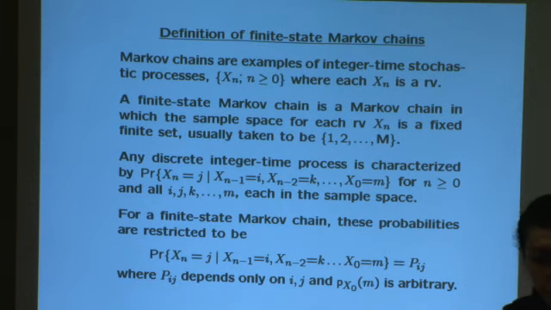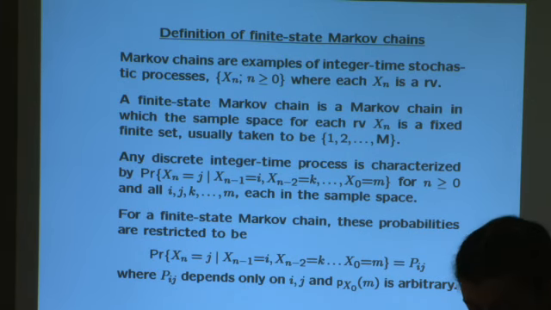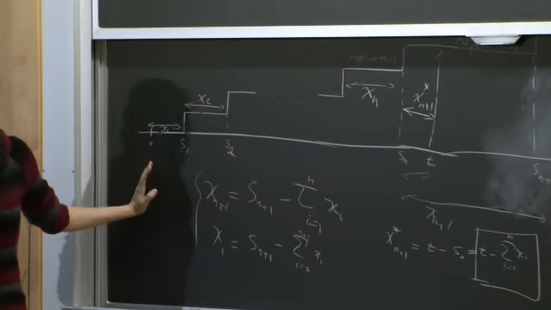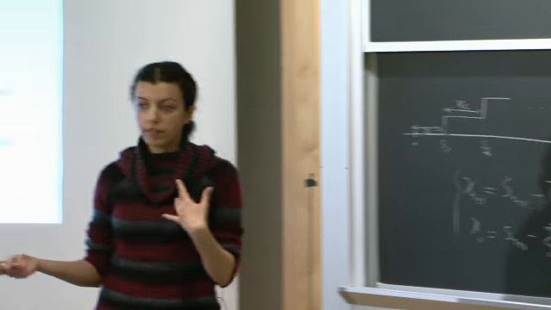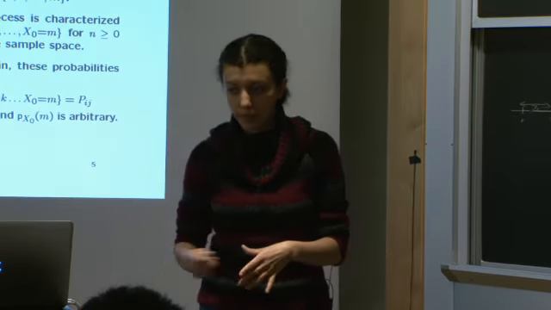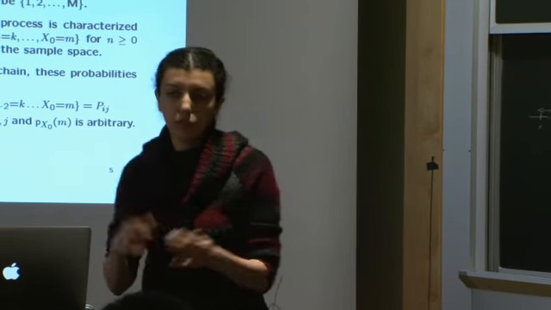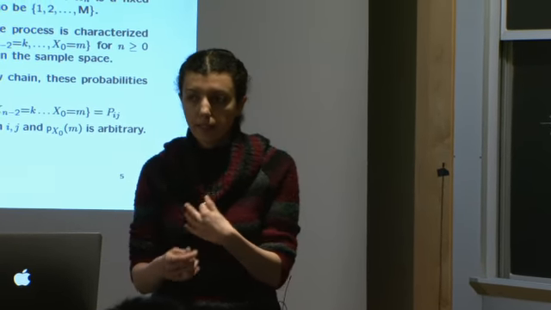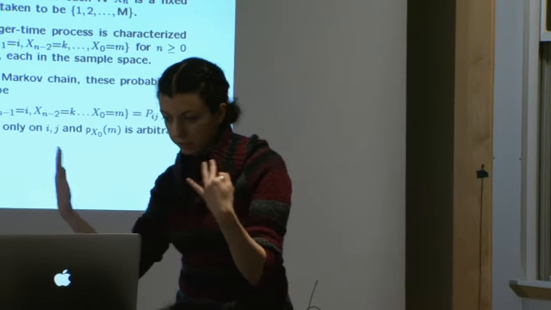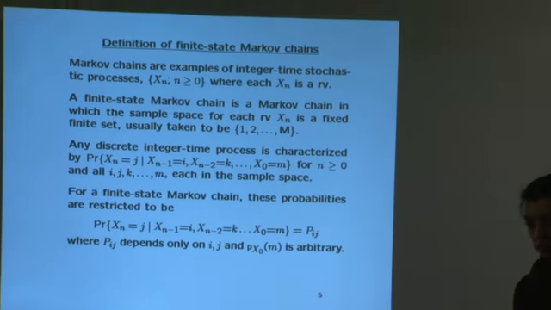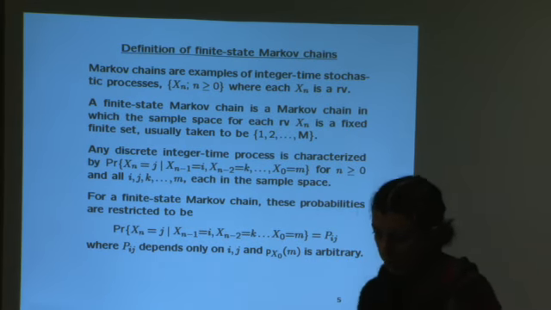It's different in this way from Poisson processes, because we can have the definition of Poisson processes for any continuous time, but Markov chains are only defined for integer times. A finite state Markov chain is a Markov chain where the states can be only in a finite set. We usually call it 1 to m, but you can name it in any way you like.